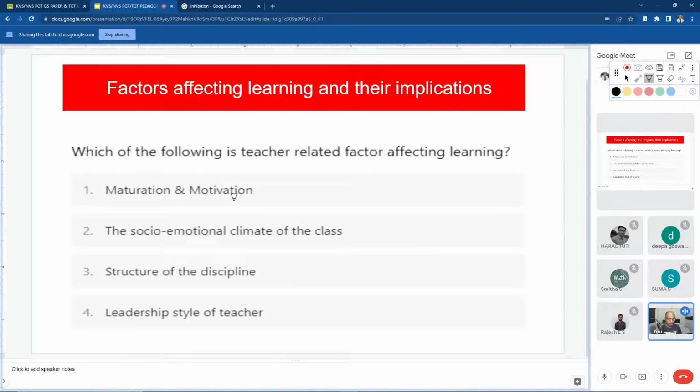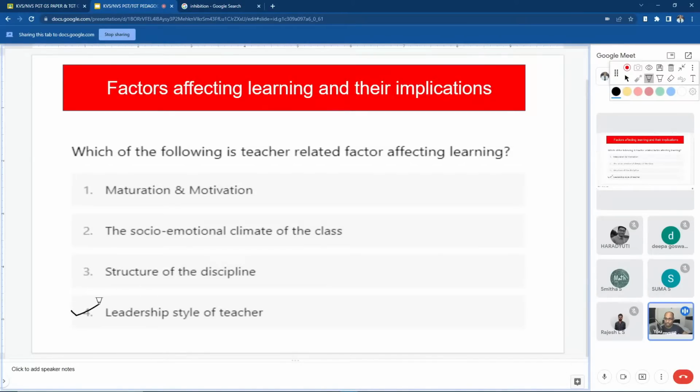Next, Smita ma'am. Yes, sir. Which of the following is a teacher-related factor affecting learning? Maturation and motivation, the socio-economic, emotional climate of the class, structure of the discipline, leadership style of teacher. Leadership style of the teacher, sir. Correct.